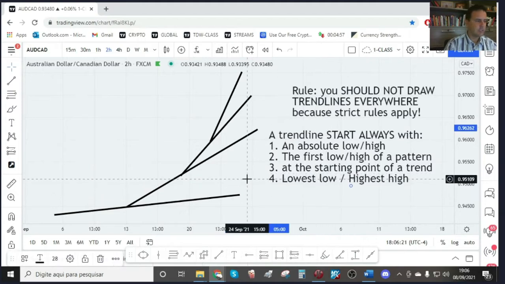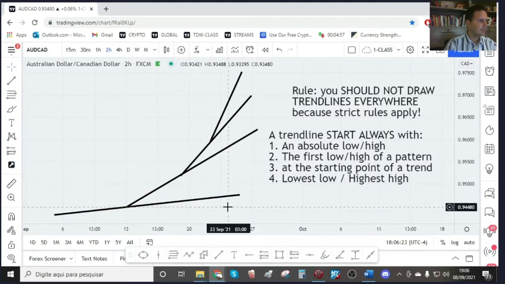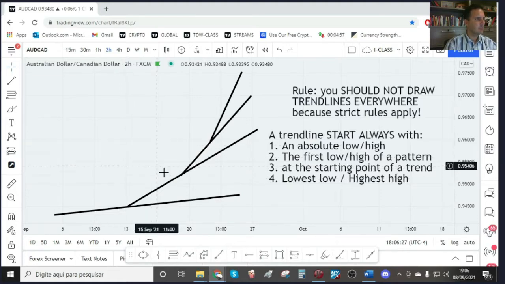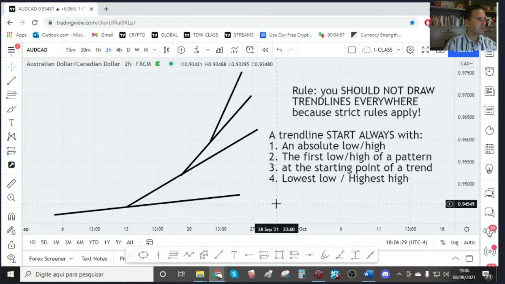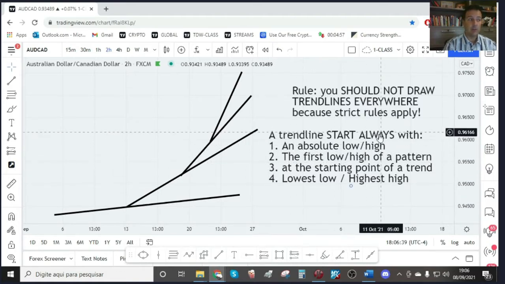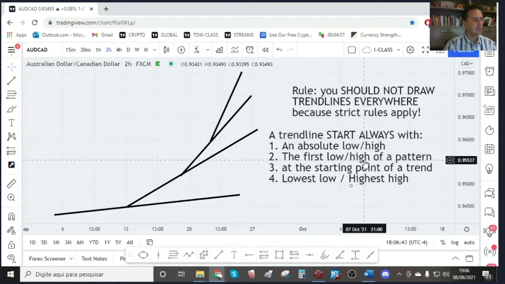Everybody, take a screenshot of this. You should not draw trend lines everywhere because strict rules apply. A trend line starts always with, so trend lines have a starting point. It could be an absolute low or high, like from the monthly chart or the weekly chart. It could be the first low or high of a pattern that we are trading.